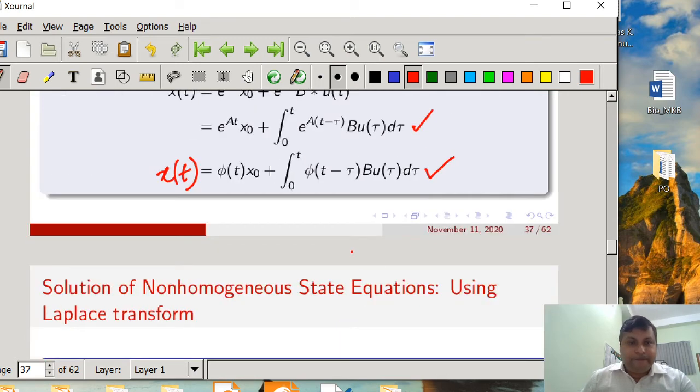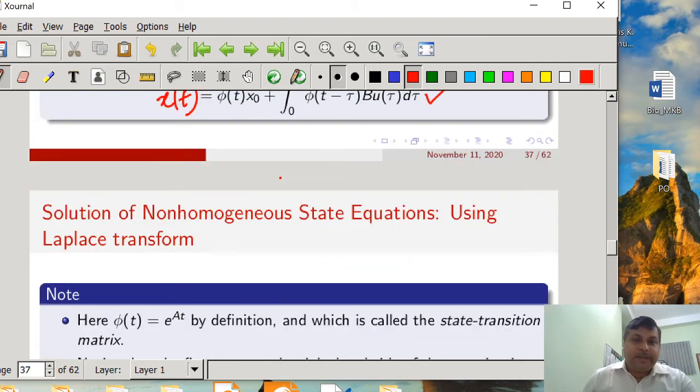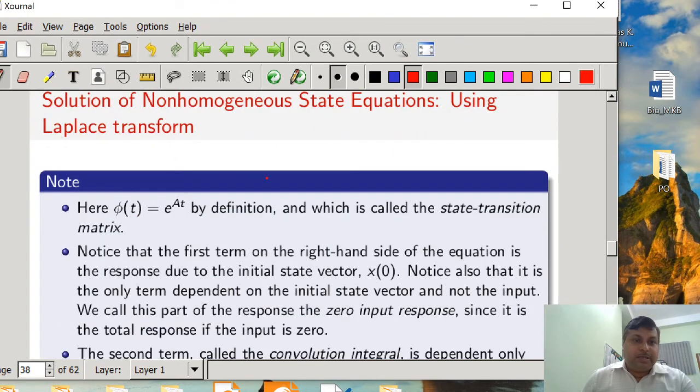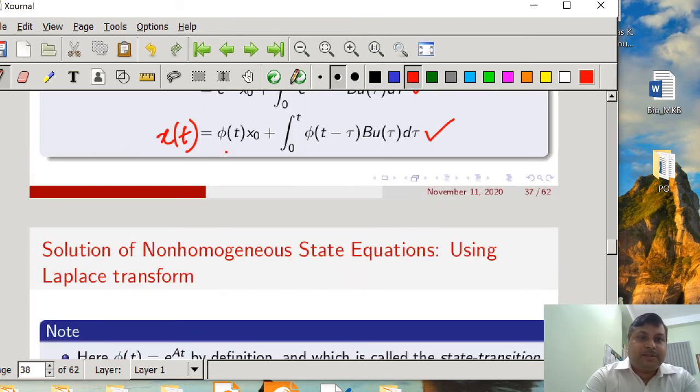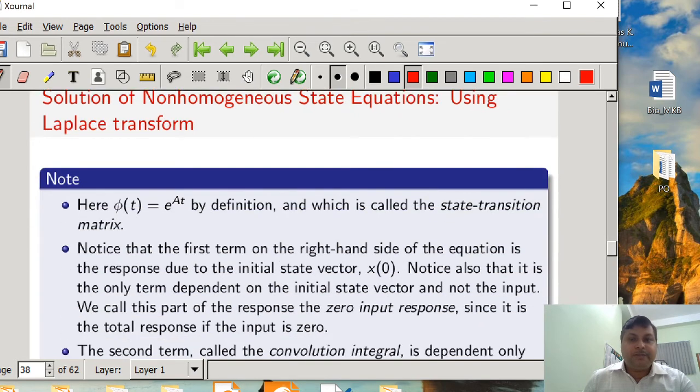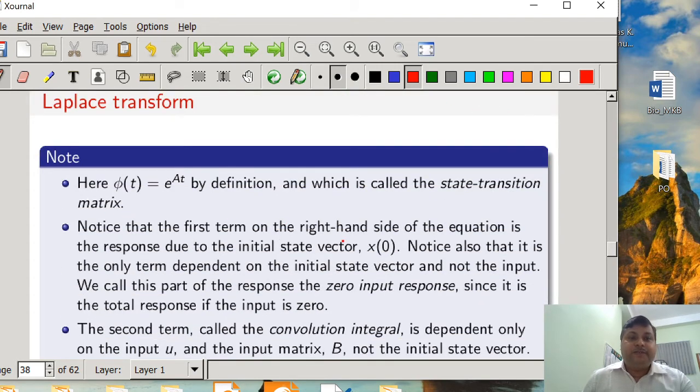Now if you see the expression of the state solution, it is very interesting to note that the first term, phi of t x0, that is called the zero input response. Notice that the first term on the right hand side of the equation is the response due to the initial state vector x0.